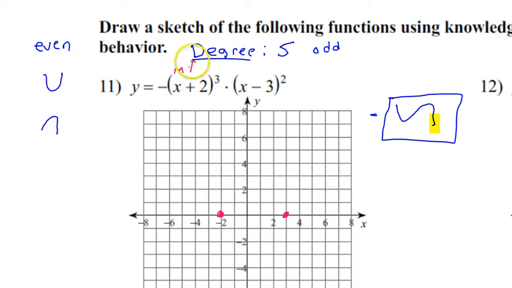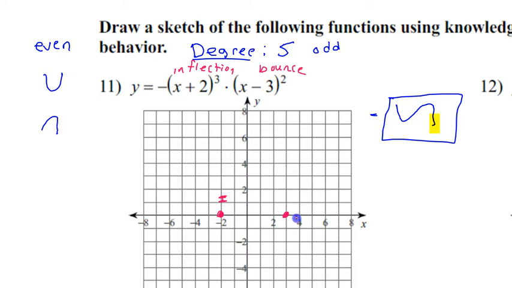This is going to be an inflection. Okay? When it's squared, what happens when it's squared? That's when it's a bounce. If it didn't have anything, that's where it would just go straight through. So I'm looking for an inflection at the -2. I'll put a little I here to remind me that this is going to be an inflection.